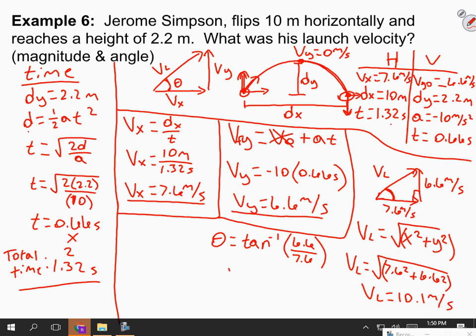So theta is 41 degrees. So there's our angle, and there's our launch velocity. And that is how you solve that problem. Quite a bit of steps there, but you see that it can be done. Now you'll get more practice with that. All right, signing off.